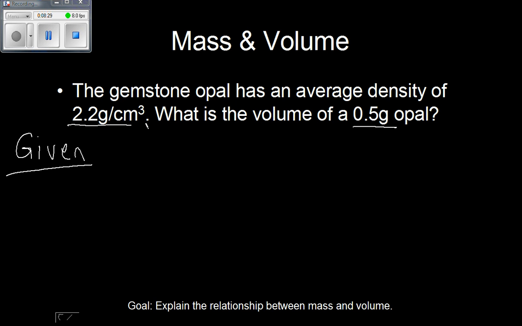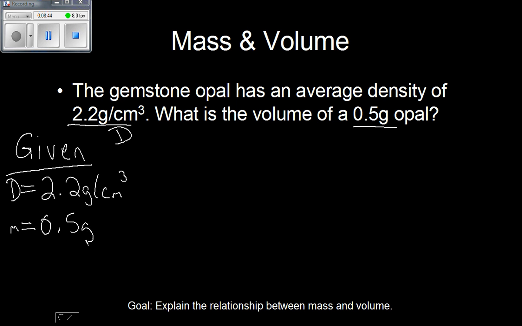This one is measuring grams per cubic centimeter, so that's a density. And this one is measured in grams, so that's going to be a mass. We also want to identify what is the question, and the question is volume.